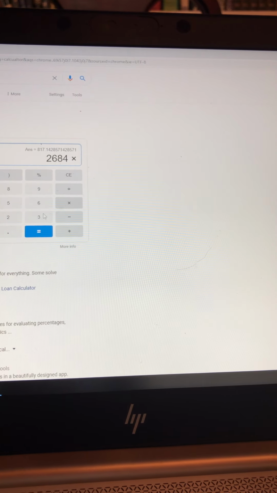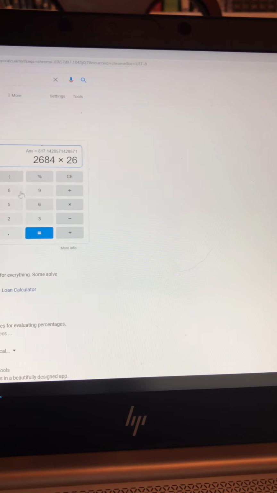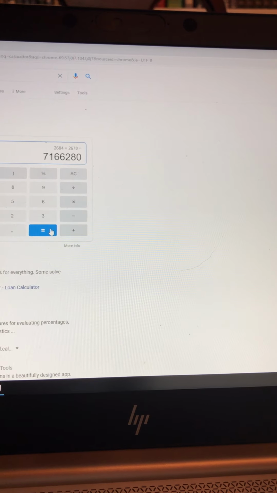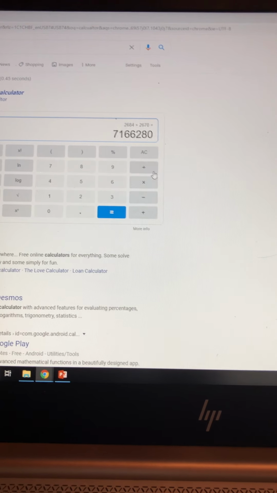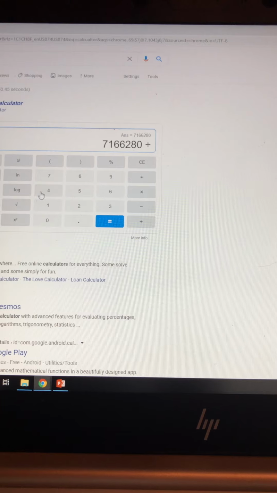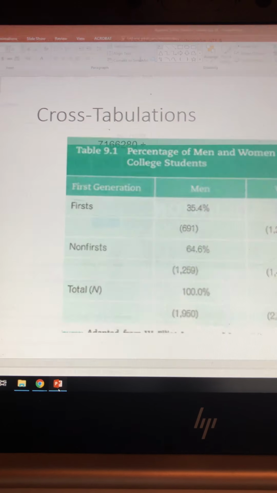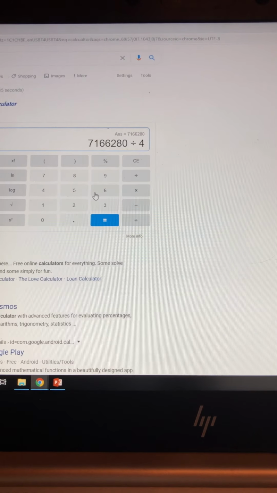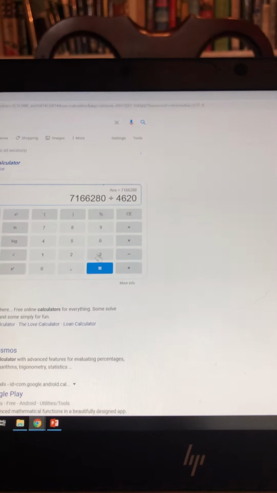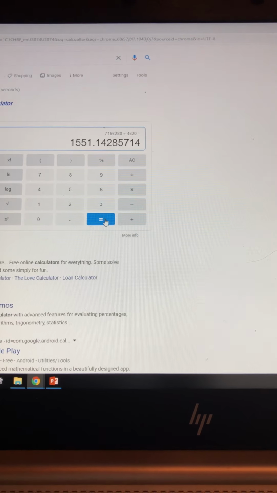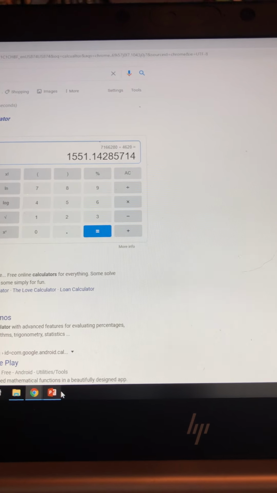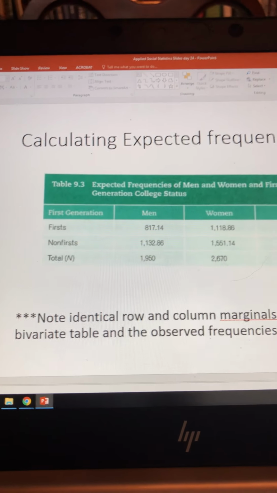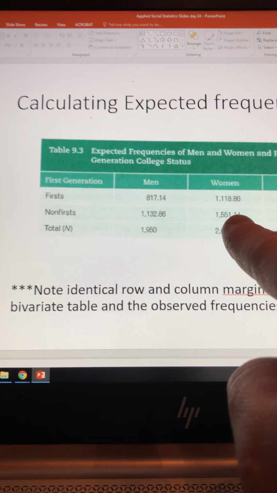And then we divide that by the total, which was, I wish I could remember, 4,620. Okay, 1551.14. And then if you go back down to your expected frequencies here, there's that number right there.